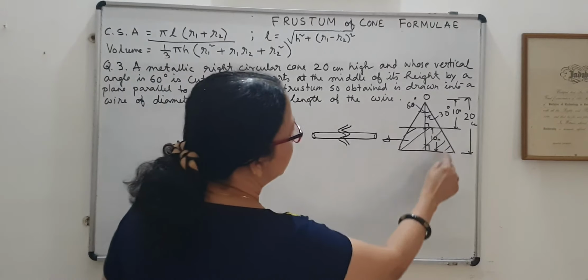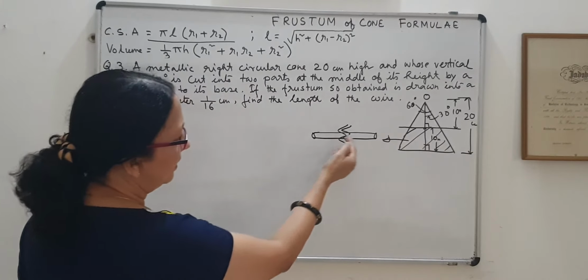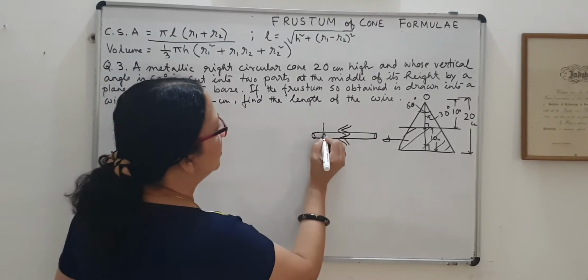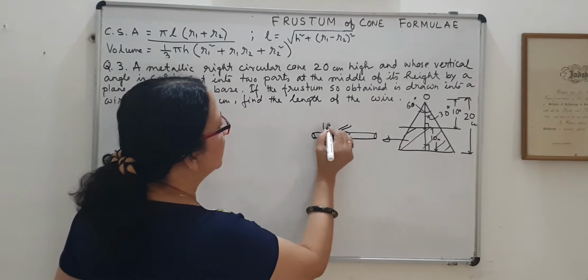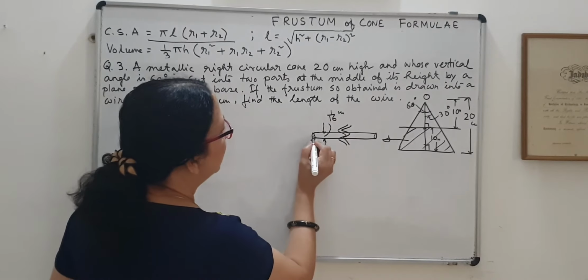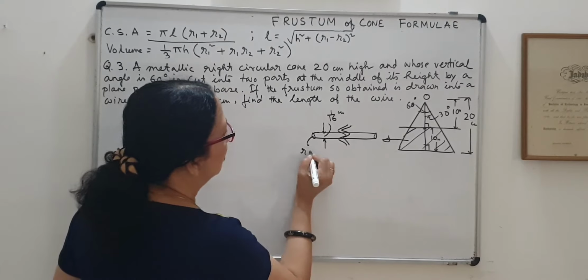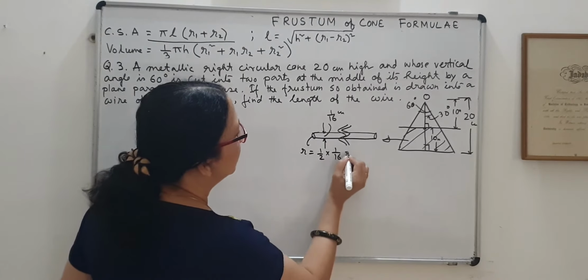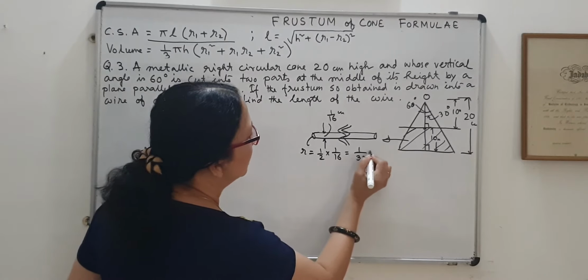So this frustum is converted into a long wire of diameter 1 by 16 centimeter. So the radius of the circular face will be half of the diameter, that is 1 by 32 centimeter.